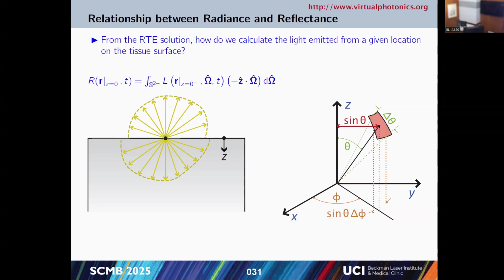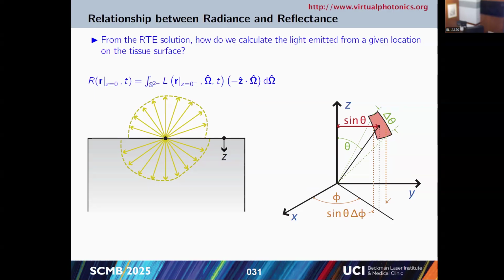You're just interested in this hemisphere. Here I denoted the z coordinate as positive going into the tissue, so we're interested in the negative z space. So I want to integrate the unit sphere only where this space is negative, so this is basically integration over a hemisphere.